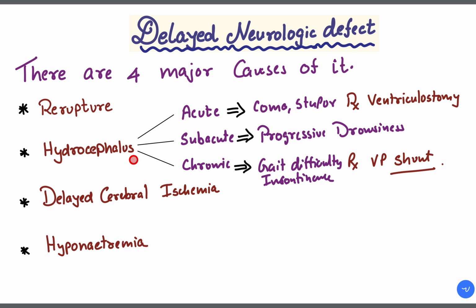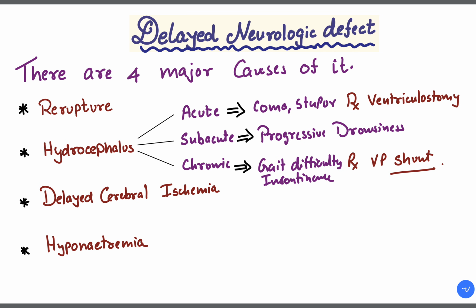The second is hydrocephalus. If subarachnoid hemorrhage is so extensive, it leads to diminished absorption of CSF, occluding the CSF space and thereby leading to hydrocephalus symptoms. If there is acute hydrocephalus and the patient is stuporous or in a comatose state, external ventricular drainage or ventriculostomy is done.